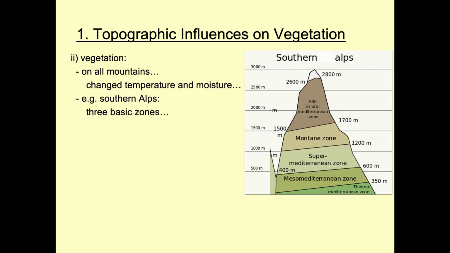So in the Southern Alps, there are 3 basic zones. These different zones are going to be dominated by different plant assemblages, and this term is also known as vertical zonation. So as you move vertically, you're going to see different plant assemblages.